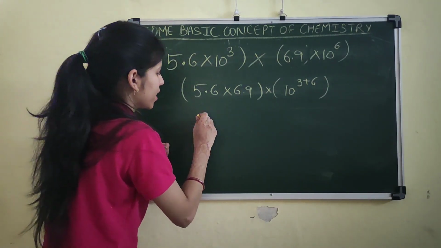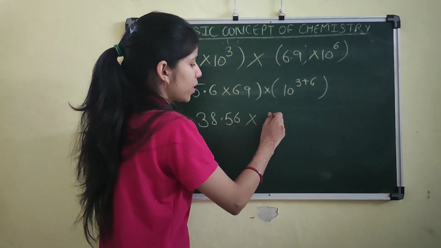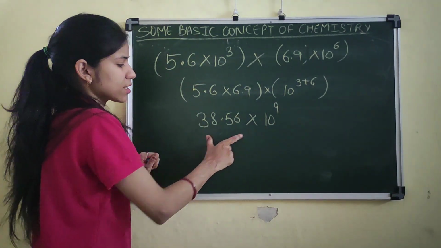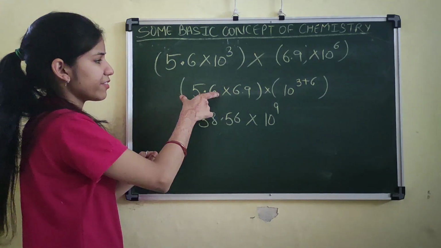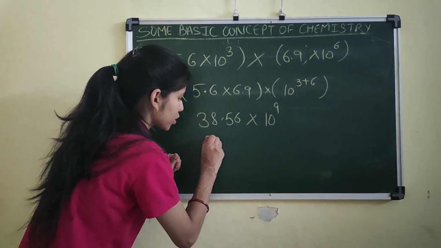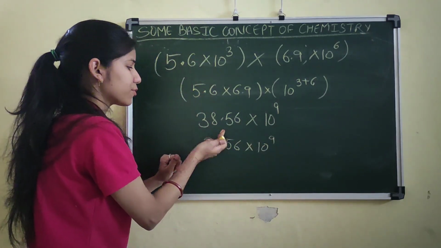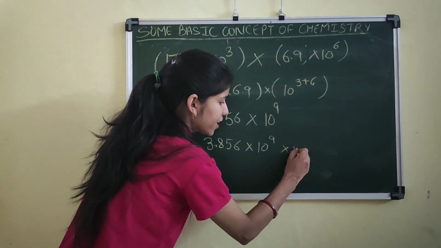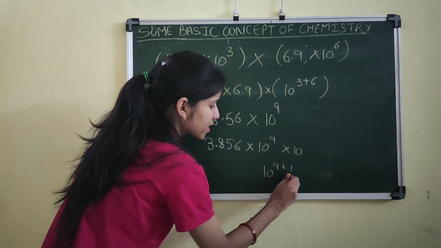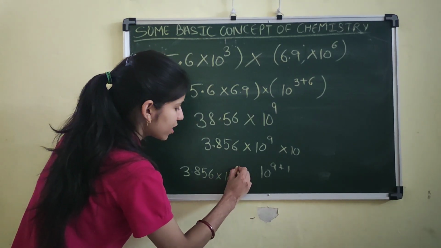The answer is 38.56 and so on, into 10 to the power 9. In scientific form the decimal shifts left, so it becomes 3.856 into 10 to the power 9 plus 1, that is 3.856 into 10 to the power 10.